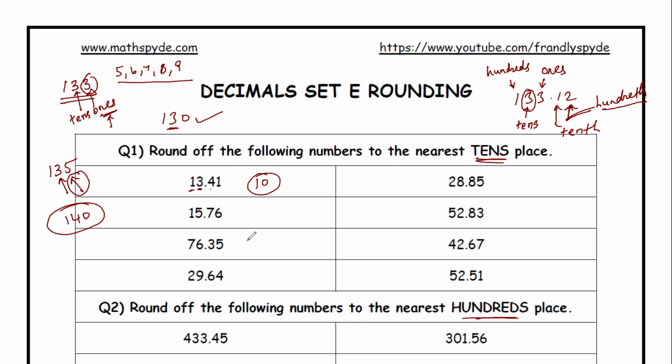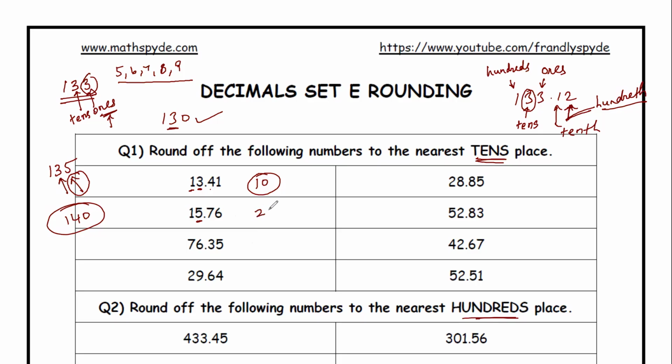They're clearly asking us to round off the numbers to the nearest tens place, so that 0.41 will just disappear. Ideally I should have just given you numbers like 13, 15, 76, 29. That 0.41, 0.76 is just a distraction. Probably my fault for putting them in there. But mathematically speaking, nothing wrong. So to the nearest tens place, 13.41 becomes 10.